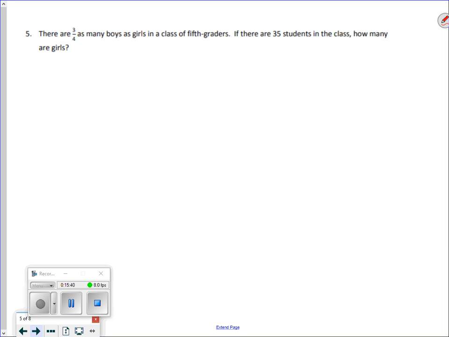There are 3/4 as many boys as girls in a class of 5th graders. If there are 35 students in the class, how many are girls? And you would not believe, if this is a test question, the number of fraction people I will get.